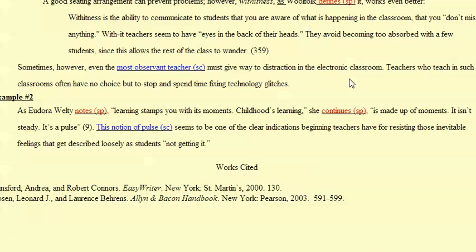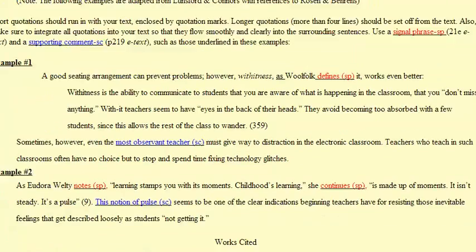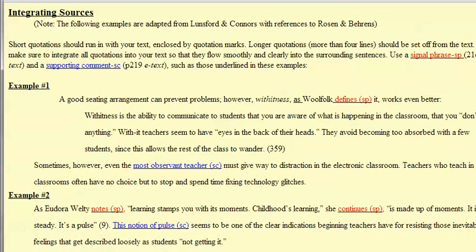Let's look at this integrating sources page for a minute. What I've done here is put in 2 examples of using a quotation, and what you have to do is set up the quotation with the signal phrase, and then quote whatever you're going to quote, and then use a supporting comment at the end.